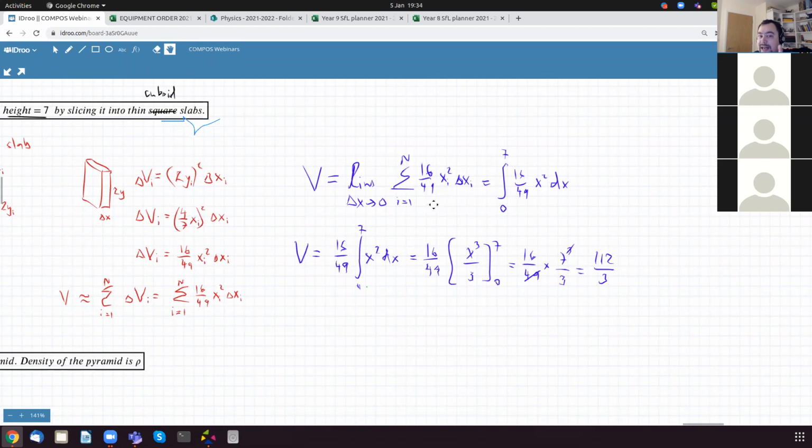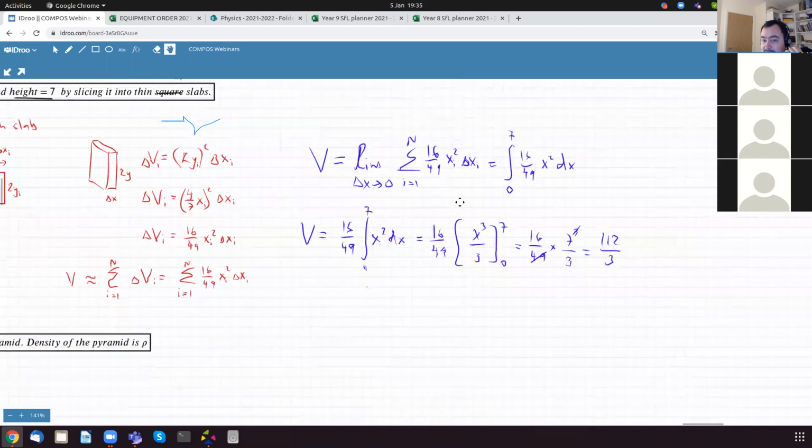The first slab is at position x equals 0. You're summing slabs from the first slab to the nth slab, and here you go by x, by the coordinates of those slabs, from 0 to 7. These are the coordinates of the slabs.